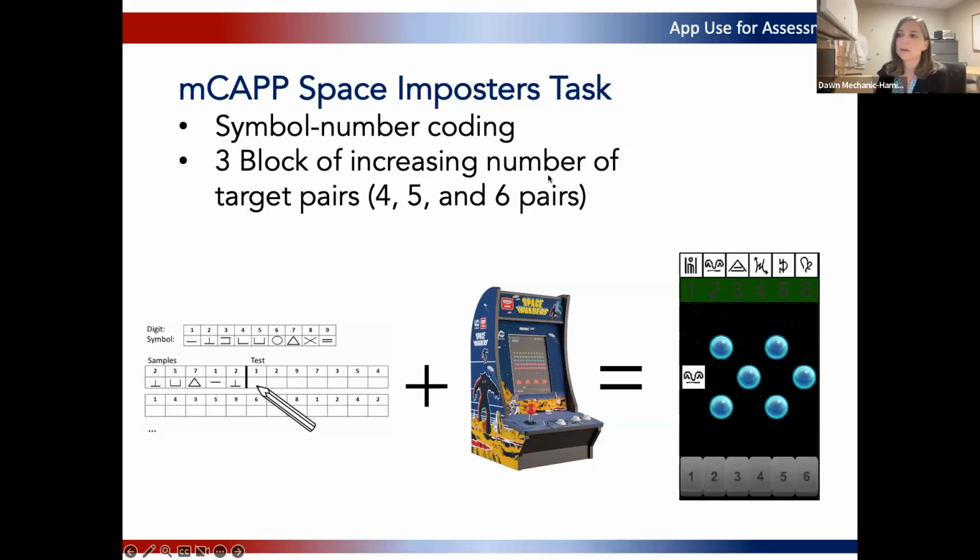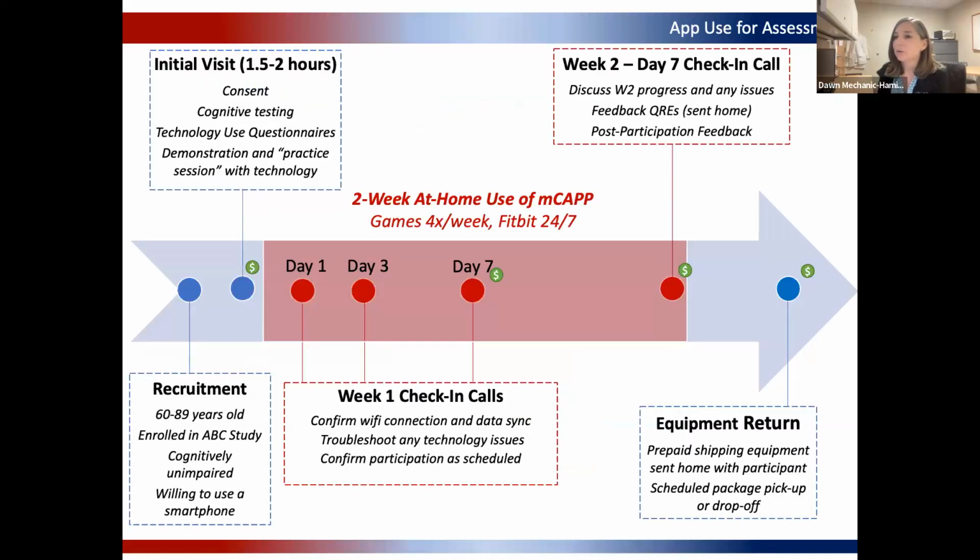This, again, has increasing numbers of target pairs, so it starts out easier at 4, and then 5, and then at 6. We do some incidental learning of the pairs at the end as well. And so those 3 tasks are on a phone that we give to participants.